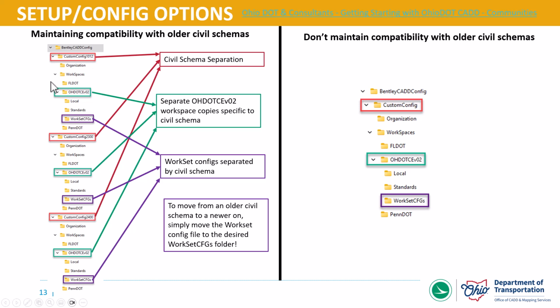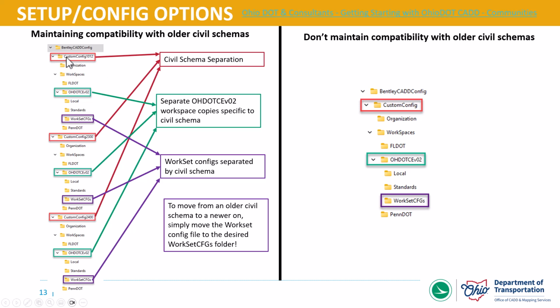So in this case, for these three different schemas I want to maintain, I have three separate copies of our workspace, each one compatible with that schema. Right, civil schema I want to maintain compatibility. And then lastly, you want to make sure that the configuration files for your work sets are also separated, so that these work sets are going with this workspace, which is going with this schema.